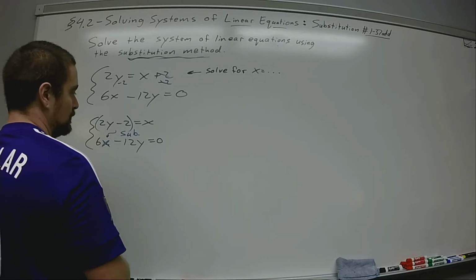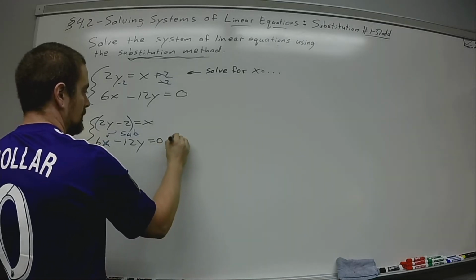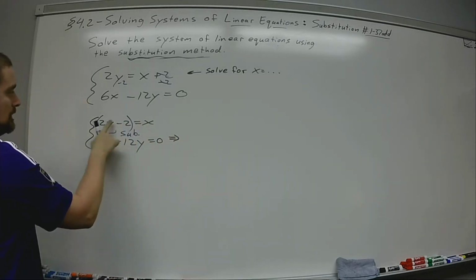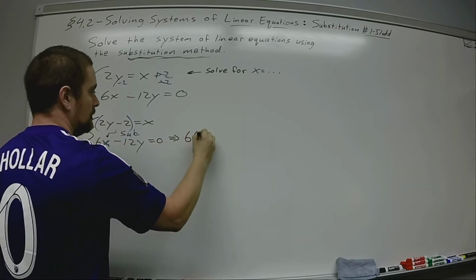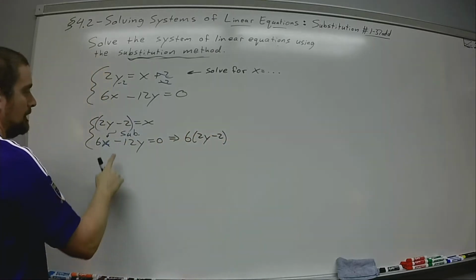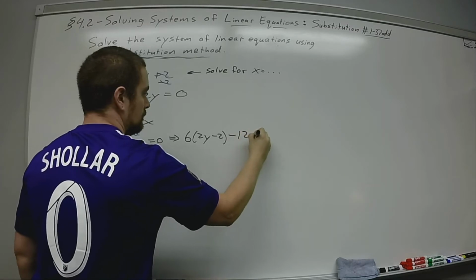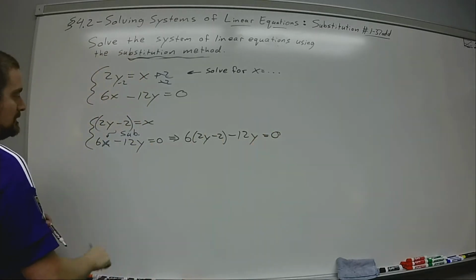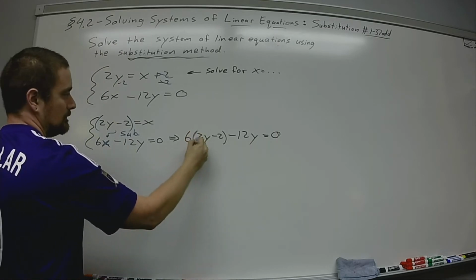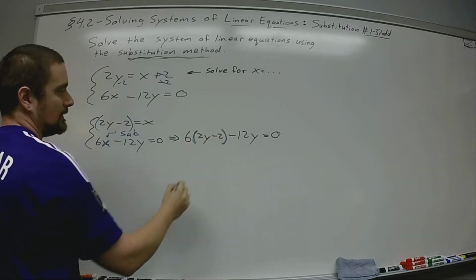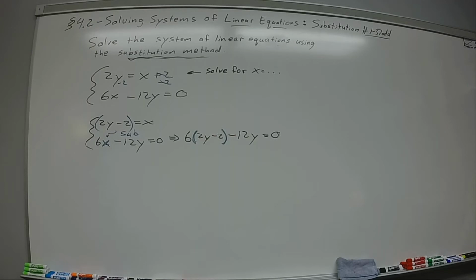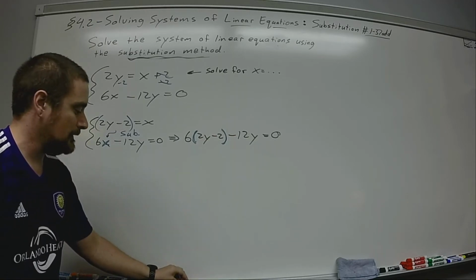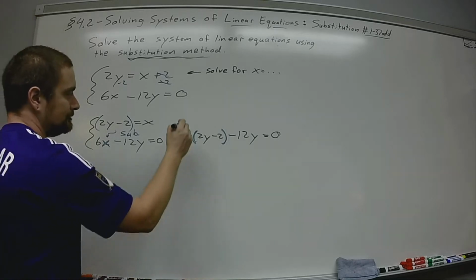That way we only have to work with the second equation by saying that 6 times 2y minus 2 minus 12y must equal 0. So again, I've made that substitution for x, sitting right where x used to be. And I have an equation that only has one variable, y. So let's solve for y.